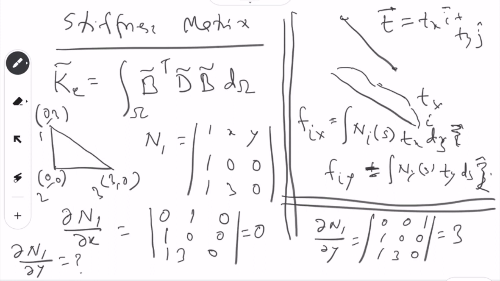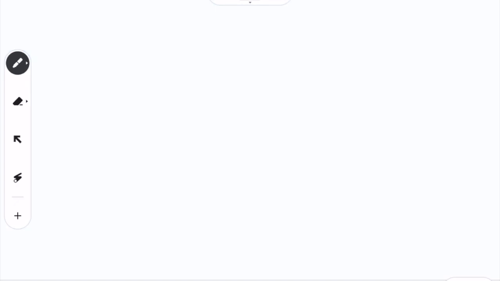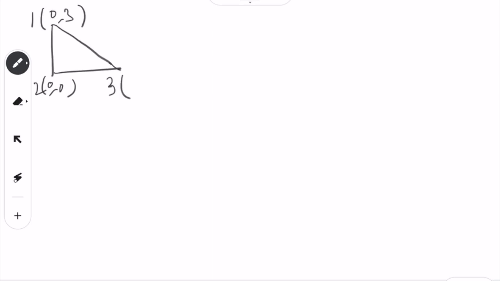Fine. Okay. Similarly, this is done for n1, now n2. So again we draw like this, and here we have 0 0, which is 2, 1 we have 0 3, and this is 3 0.